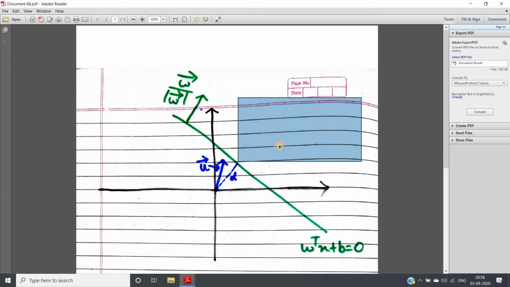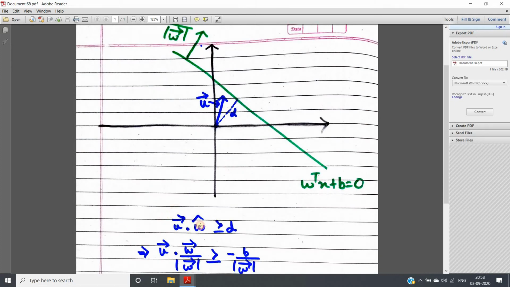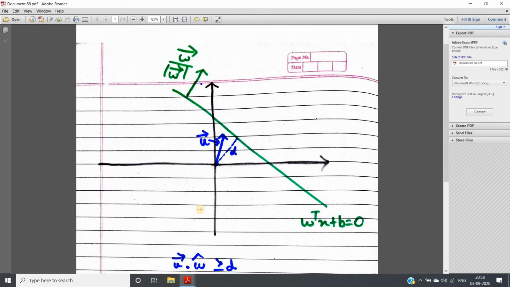So here the projection of u vector along the perpendicular of the linear separator will be u vector dot w cap. Why w cap? Because as I have shown in the derivation, the w vector is the direction perpendicular to the linear separator. Whenever we discuss direction, we take a unit vector, so we write w vector by mod of w vector, which is w cap.